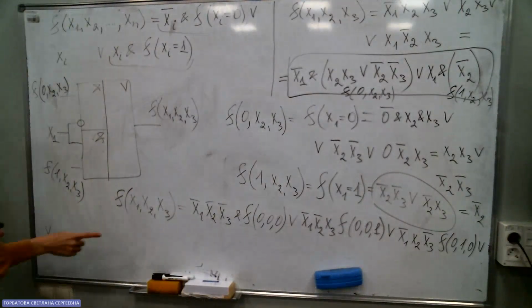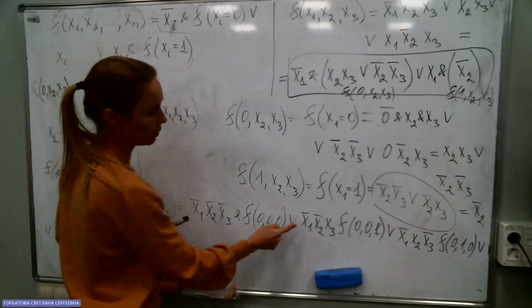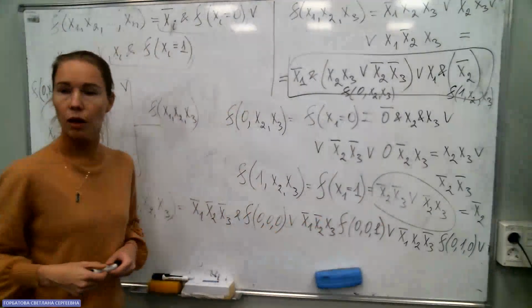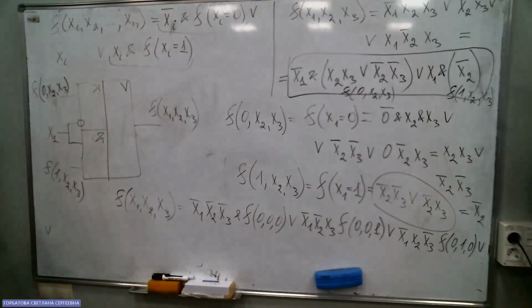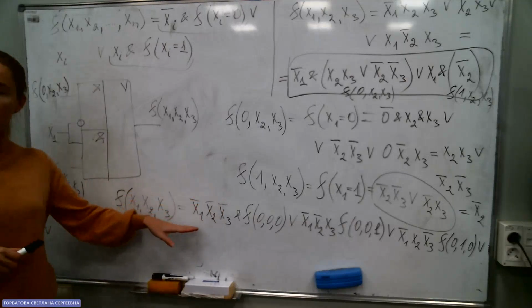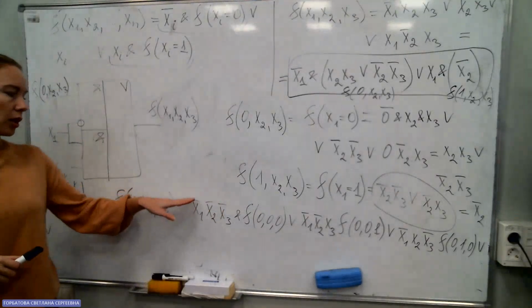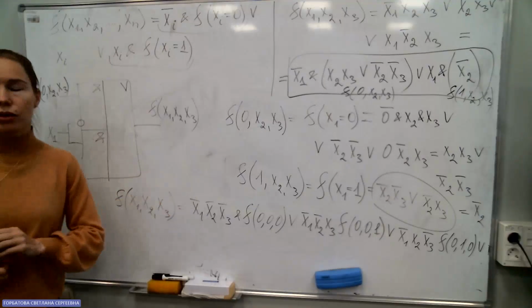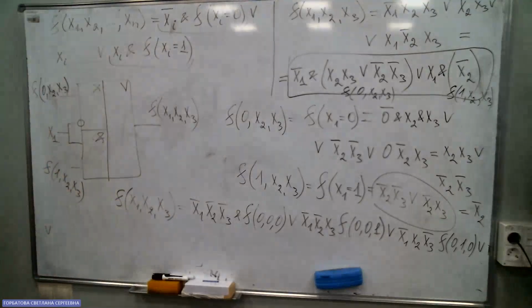How many expressions like this one? 8 expressions, because of 8 combinations with negation and without negation with 3 variables.